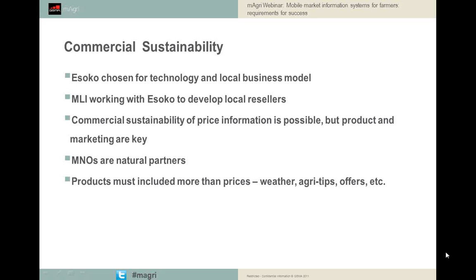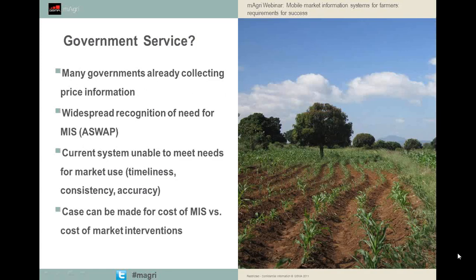So finally, very briefly, I wanted to touch on whether commercial sustainability is the only avenue for this, or if governments might be interested in providing MIS. Many governments are already collecting price information, but usually not in a timely fashion, and not with the type of information or accuracy that's necessary for commercial use.